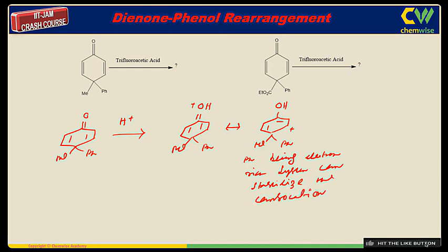That's the reason the migration aptitude of pH is more than Me. This is OH. Now this is pH. The pH migrates here, Me, minus H plus.